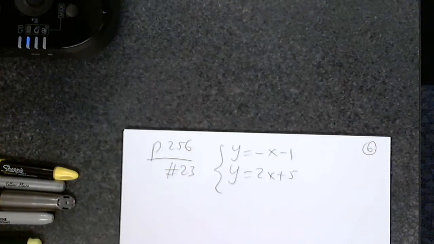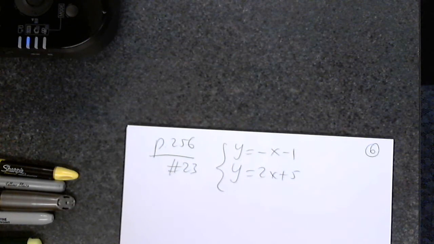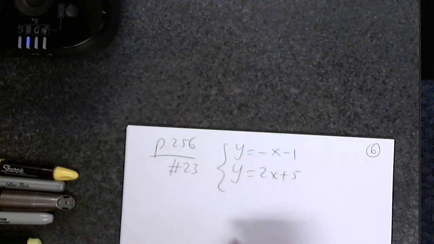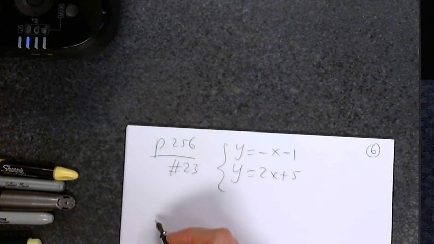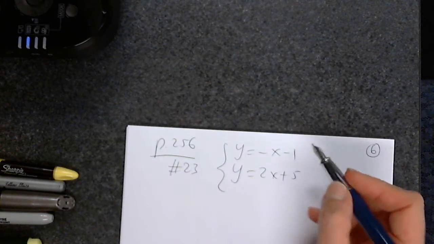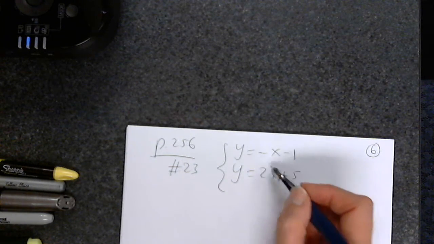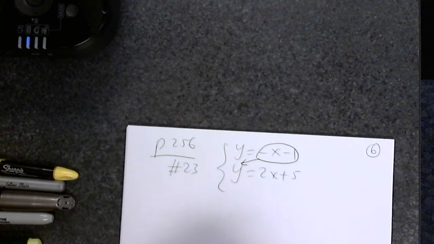Okay, so what will you do to solve this system before you graph each line? Say it again. Give me, dictate and I'll write it. Right, I'm going to use substitution, so this y will be replaced by this.